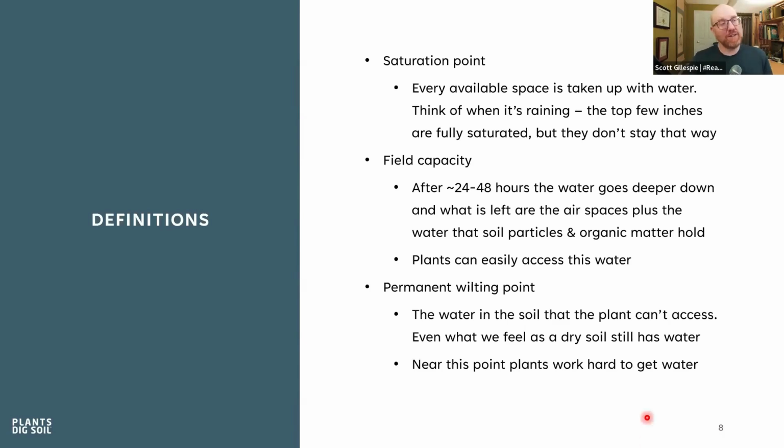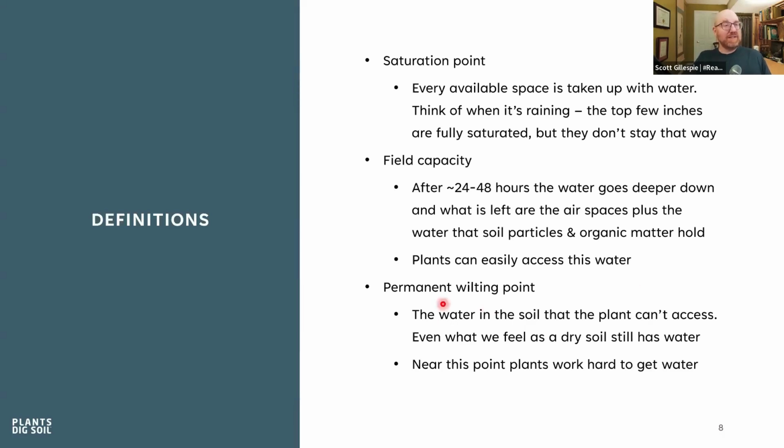And then the permanent wilting point is the point when plants can't access the water and have got to the point where they're dead. Of course, hopefully you don't see that in season.